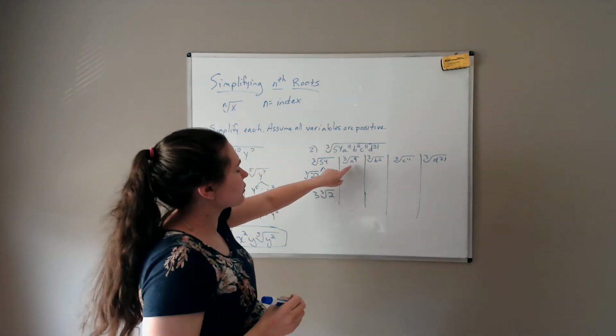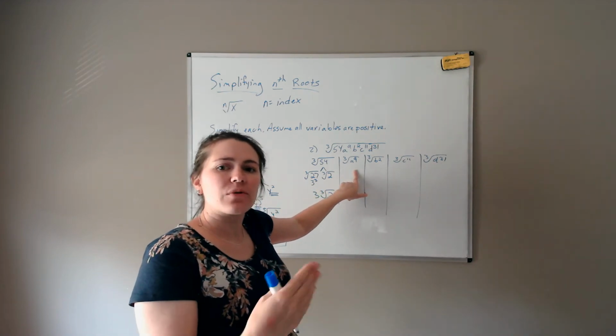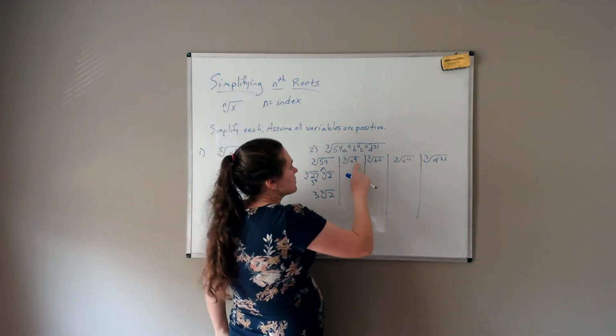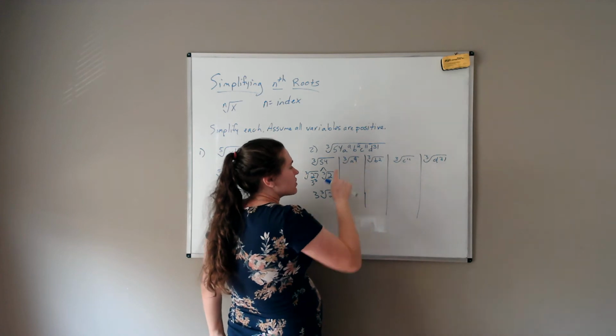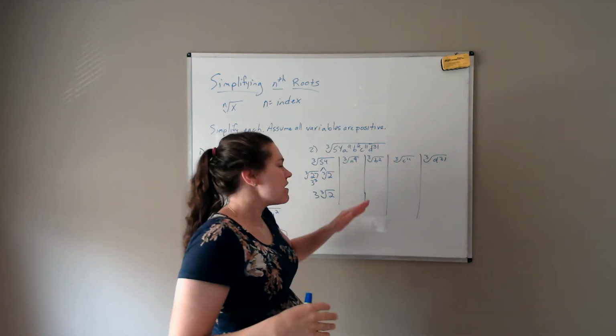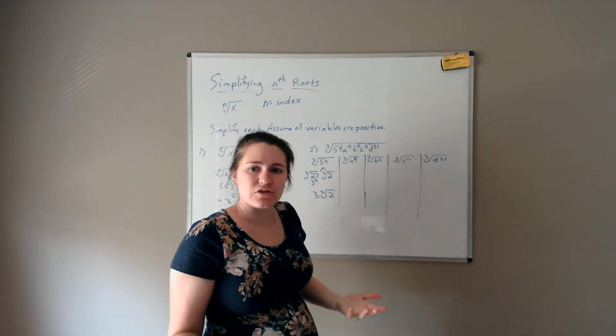But you don't look for perfect cubes here because you don't know what the actual value of the factor is. What you're looking for is, does this need to be simplified? Yes, because the exponent is larger than the index, which means I can simplify if I have at least 3 factors of a. I have 9 factors of a.